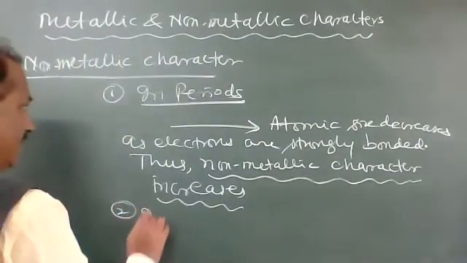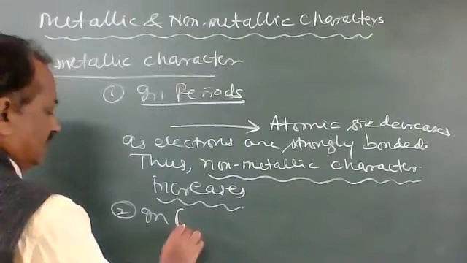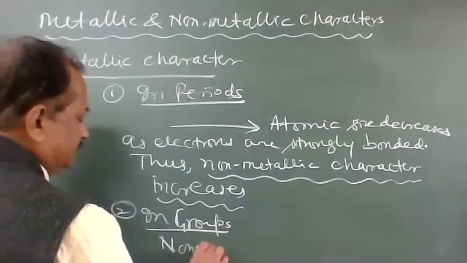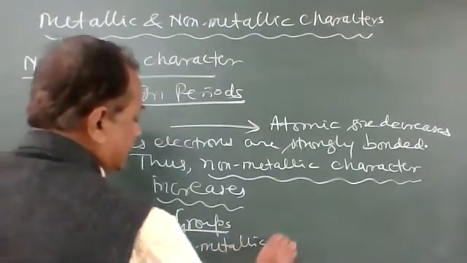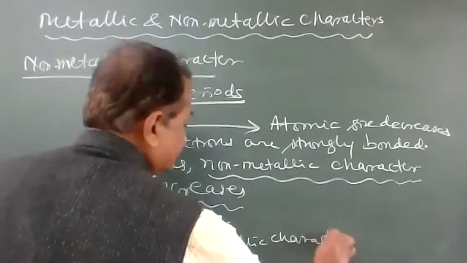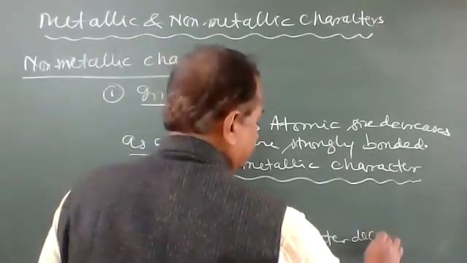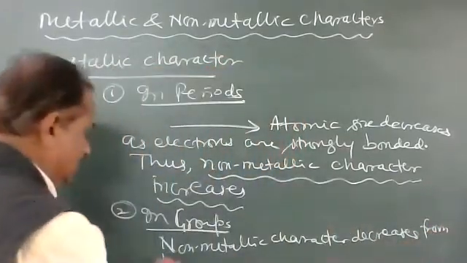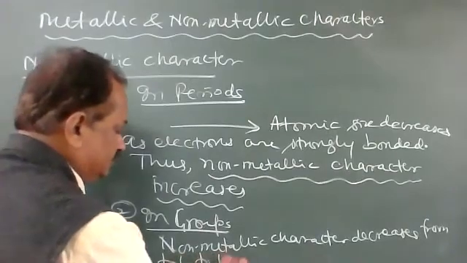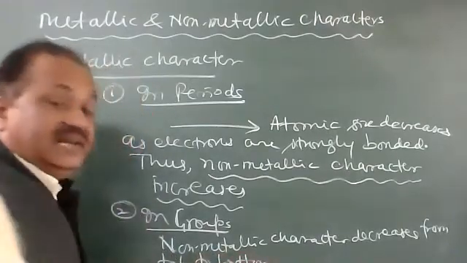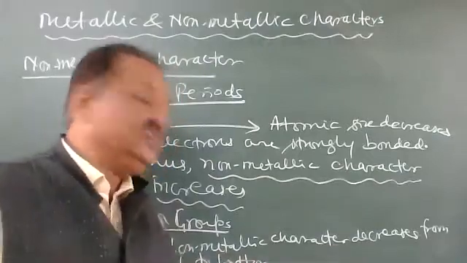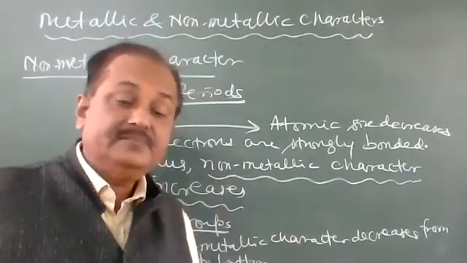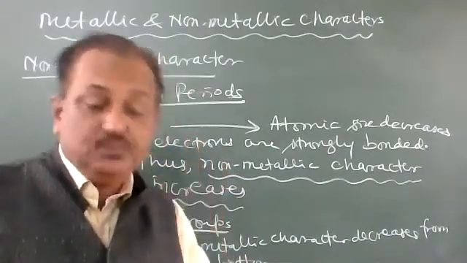Now second, in groups, non-metallic character decreases. Non-metallic character decreases from top to bottom as electrons are bonded by a very poor force of attraction.